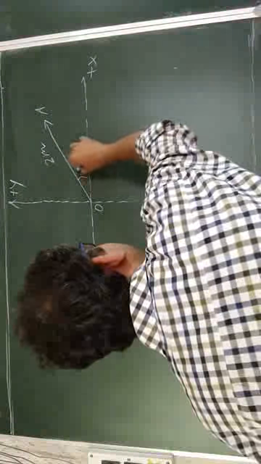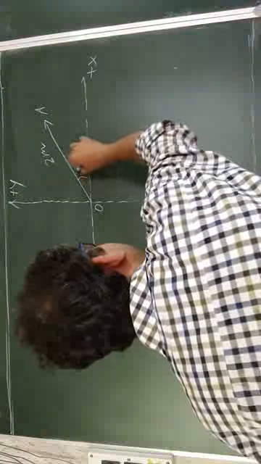and there is another vector this way, which is BC. It acts at an angle of 60 degree. Its magnitude is 1.5 meter.